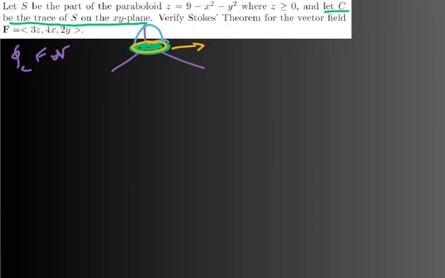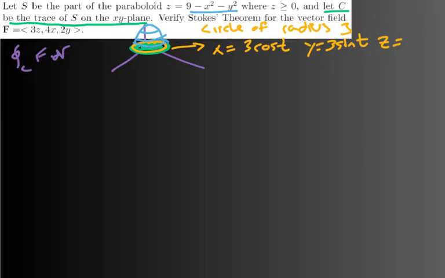And that is just a circle, because this is a nice circular paraboloid, and it could be parameterized with standard sine cosine stuff. It's a circle of radius 3, because of the 9 right there. So I would just let x equals 3 cos t, y equals 3 sin t, and then z would be 0, because we're in the xy plane.